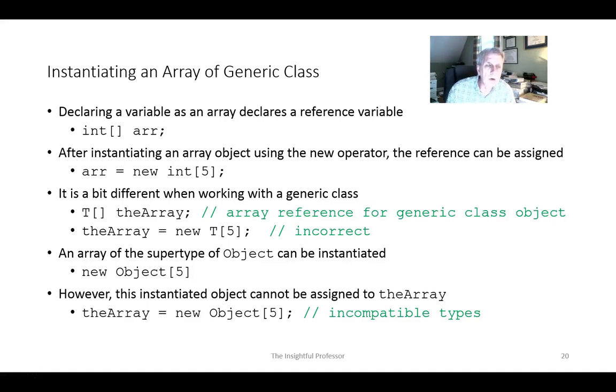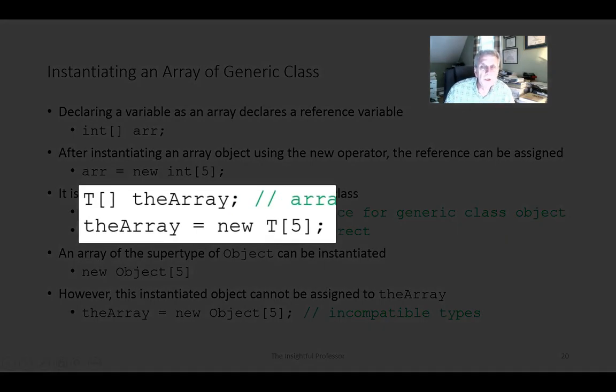It seems logical that we should simply be able to substitute T, our type parameter, wherever we see int, but it doesn't quite work. So if we try it, let's say T, the square brackets, to say we have a collection of whatever this type is. Then we have the name of our variable. That seems fine. But the next part is where the problem resides.